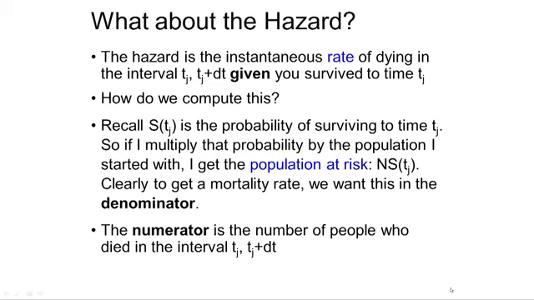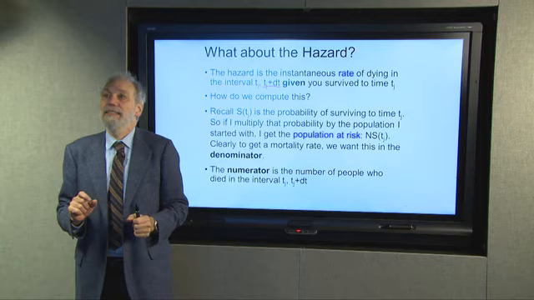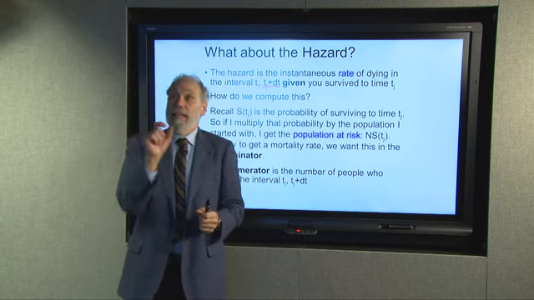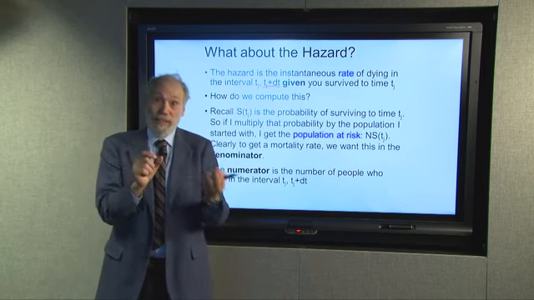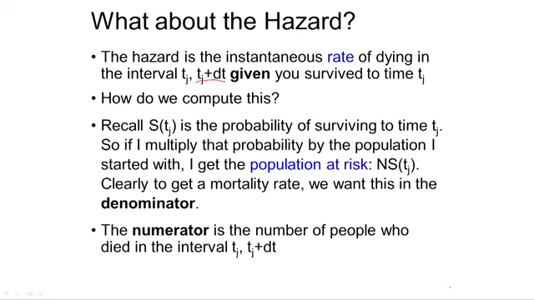So how do I define the hazard? The hazard is the instantaneous rate of dying in a small time interval. So if I have a time interval going from t_j to t_j plus dt, a small increment of time, I can count how many people in my cohort died in that interval, right?